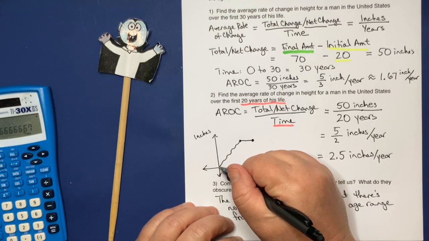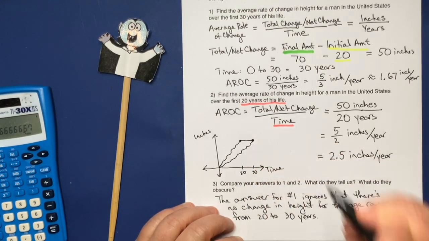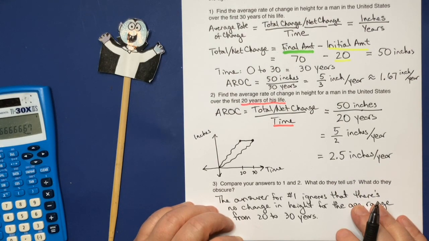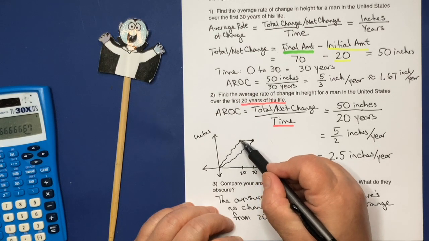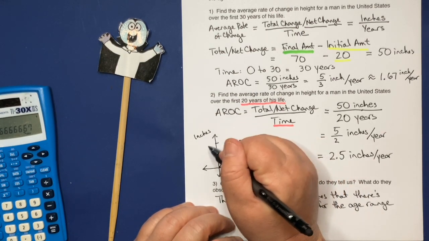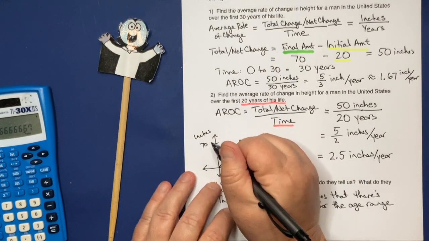So when you look at the difference between these two possible graphs, the first one gets up to this height, 70 inches.